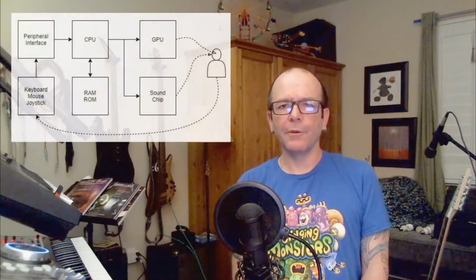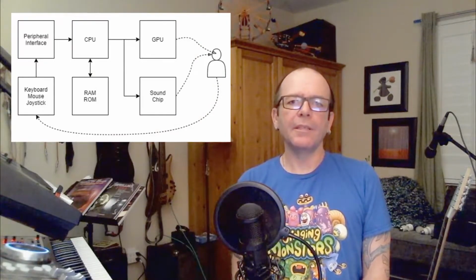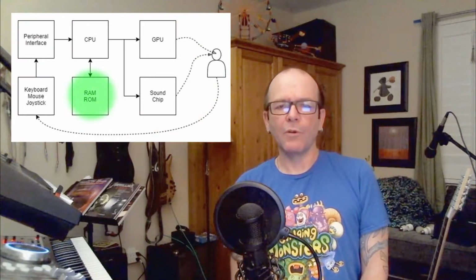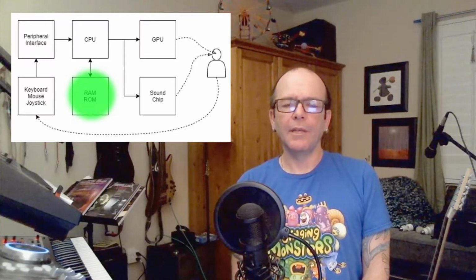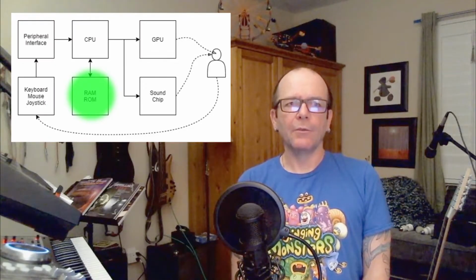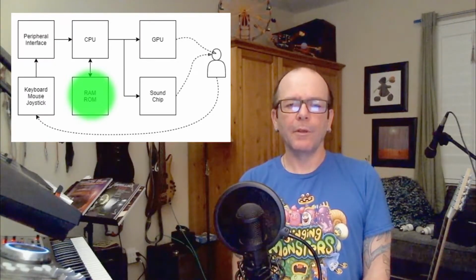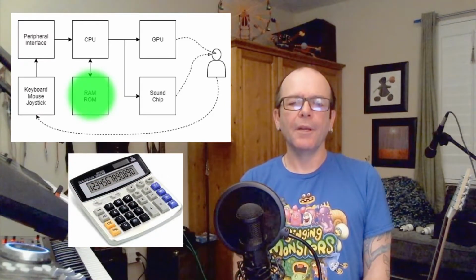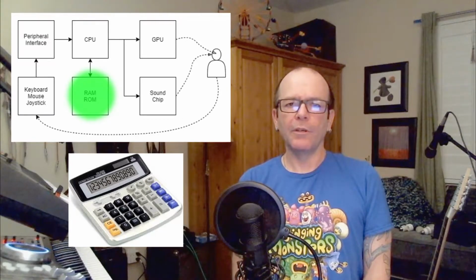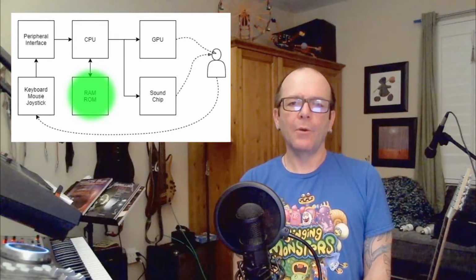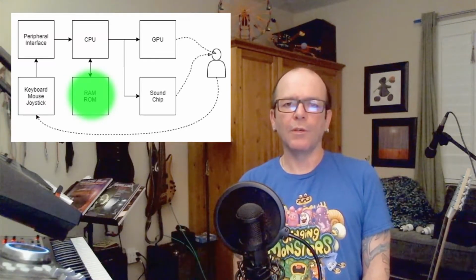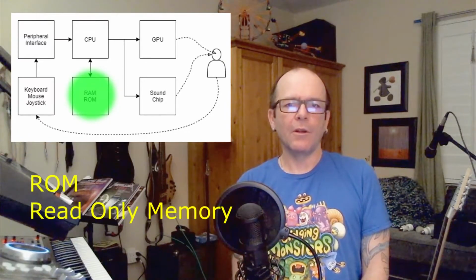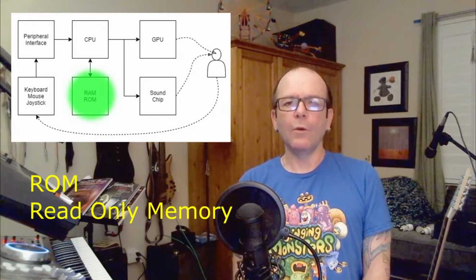In order to do so, the central processing unit needs to somehow store the program, and it also needs work memory. So going back to the calculator example, if you were to punch in 2 plus 2, the computer would use its code, which in the old days was stored in ROM, short for read-only memory.